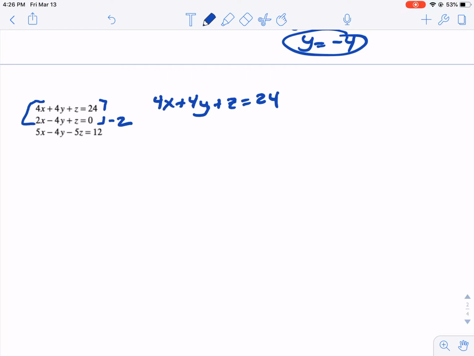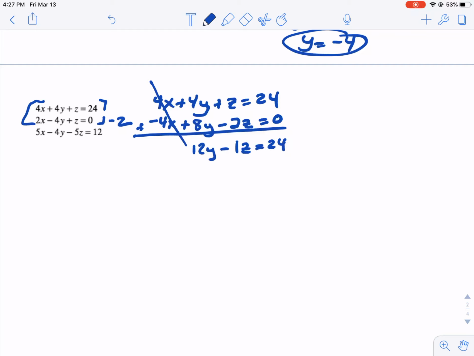When I multiply the second equation by negative 2, I get negative 4x, positive 8y, minus 2z, and it's still equal to 0. So I'm going to add these equations together. The x's are gone. 12y minus 1z equals 24.